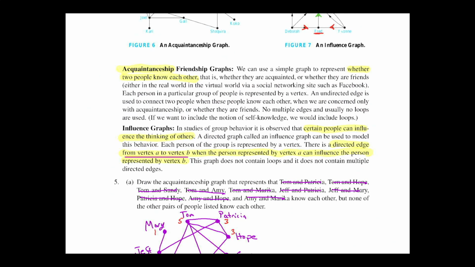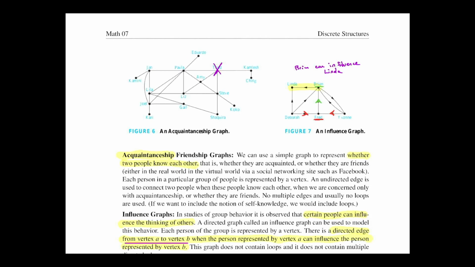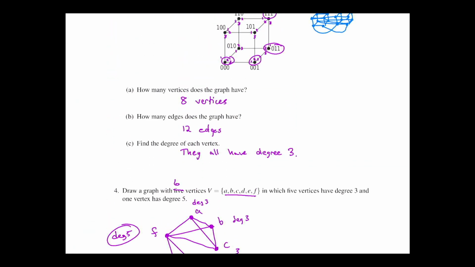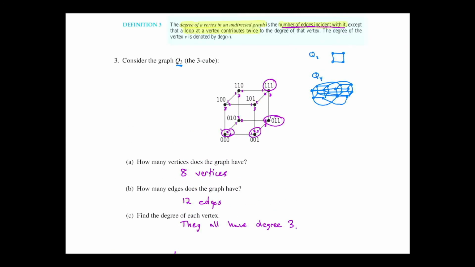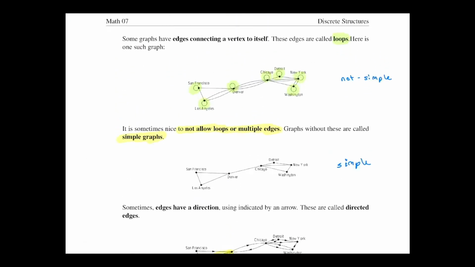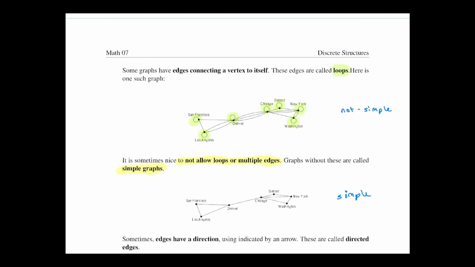It'll show you an influence graph and ask you a couple of questions. It'll ask you to draw an acquaintanceship graph of your own. It'll ask you what the degrees of certain vertices in a graph are, and so on. So very straightforward, much easier than the proofs that you've been doing up till now. And hopefully it's a nice change of pace for you guys.